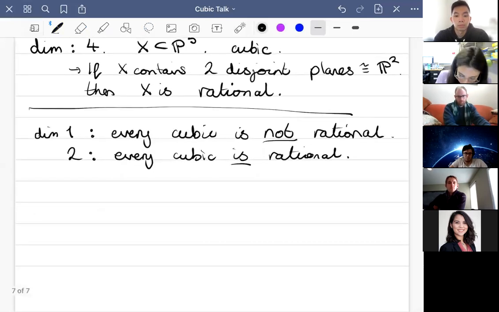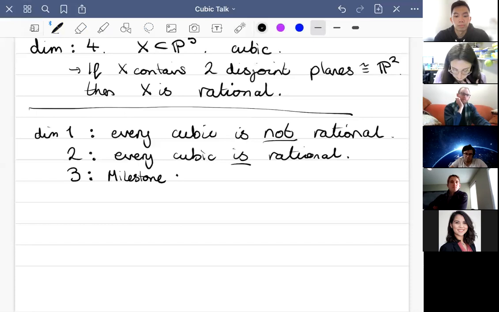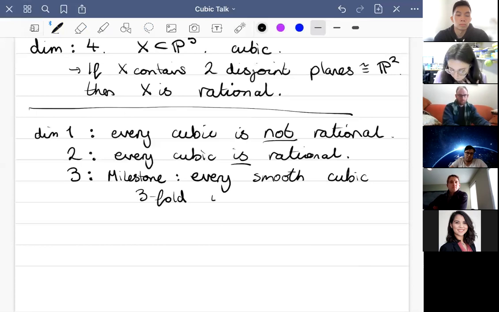I haven't really talked about dimension 3, because it's kind of hard. But the milestone result is that every smooth cubic threefold is not rational.